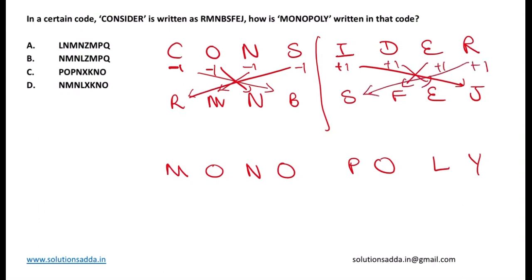So while we apply the same pattern, M minus 1, O minus 1, N minus 1, O minus 1, P plus 1, O plus 1, L plus 1 and Y plus 1.